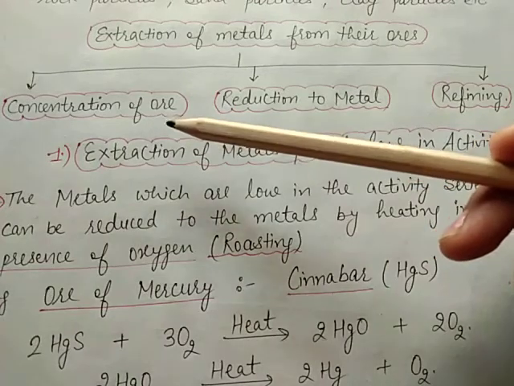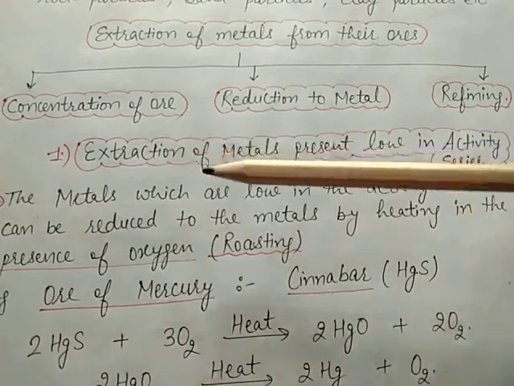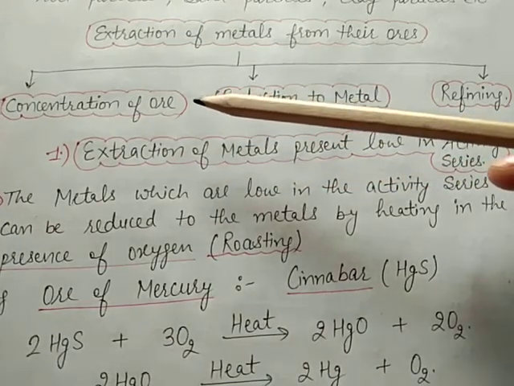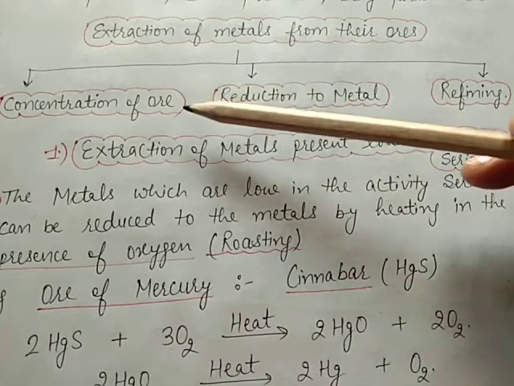Now the first step is the concentration of ores. In the concentration of ores, the ore which is obtained from the mining is in the form of big lumps.